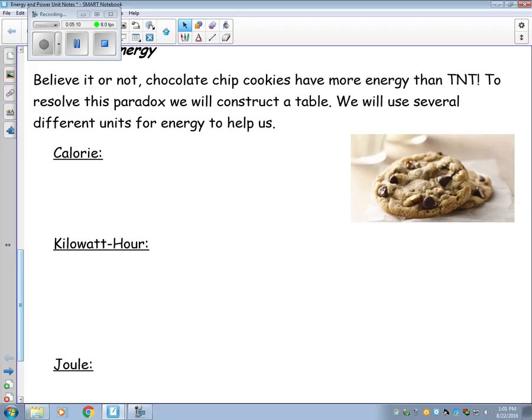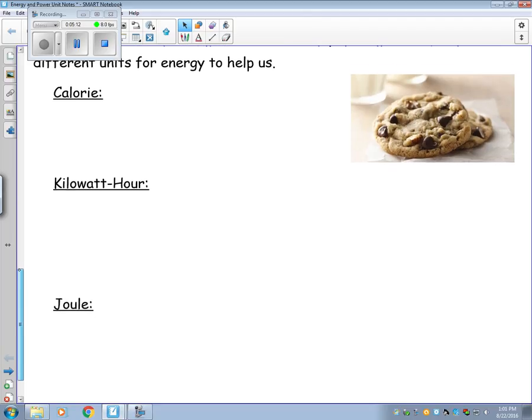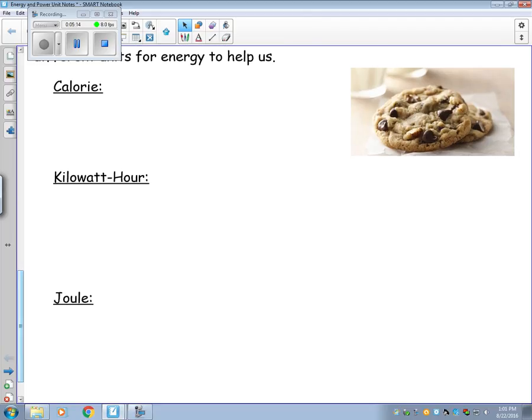First, I need to talk with you about units. How do we measure energy? What are the different units? The first one's a calorie. And calories can be difficult because we have two types. We have food calories and we have science calories. So typically the calorie is what we use to measure energy in food.